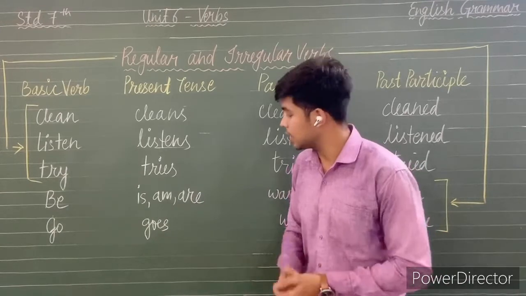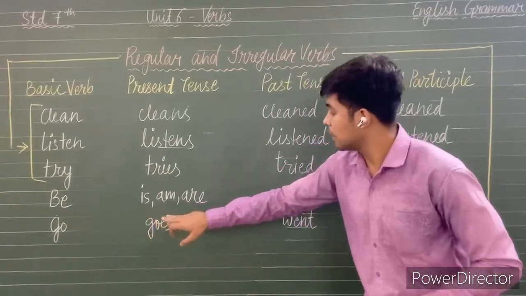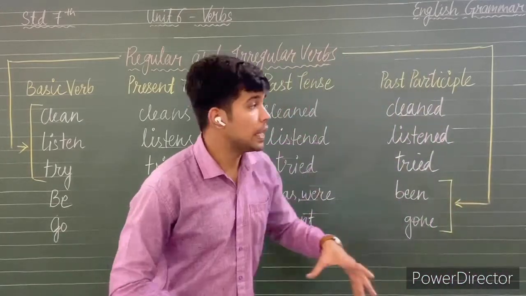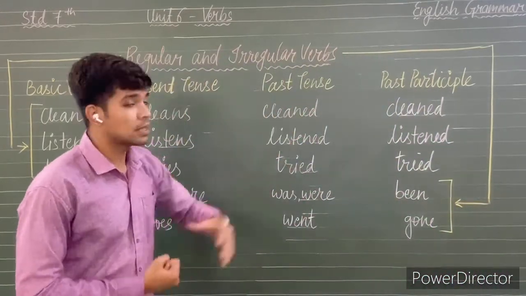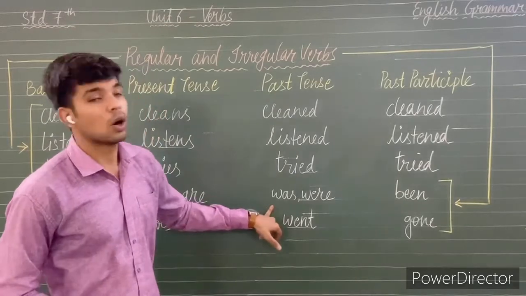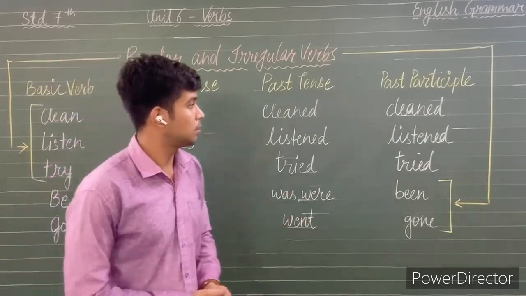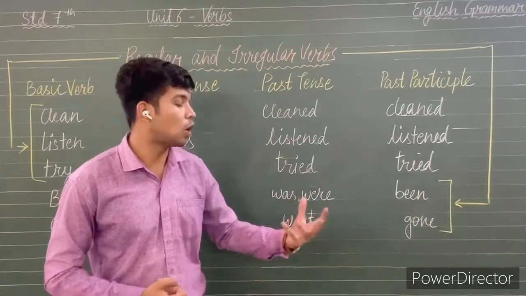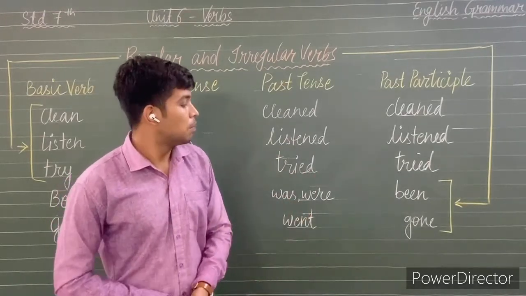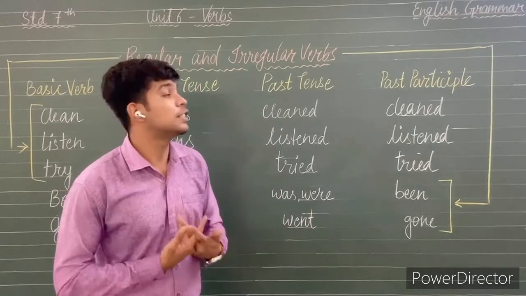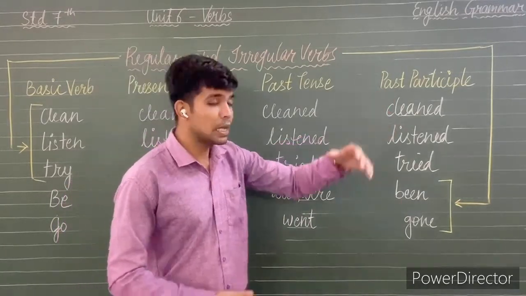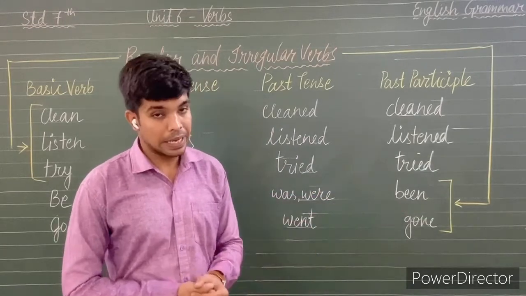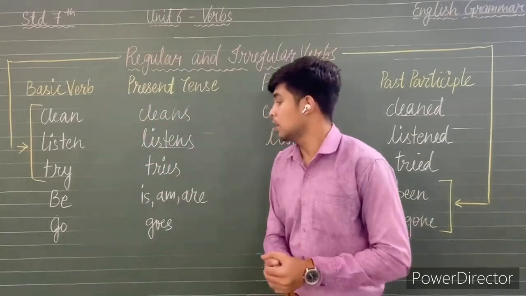It depends on the sentence whether to use is, am or are. If be is used in the past tense, it becomes was and were. Again, it depends on the sentence. It is was or were. But when be is used in the past participle form, it becomes been.